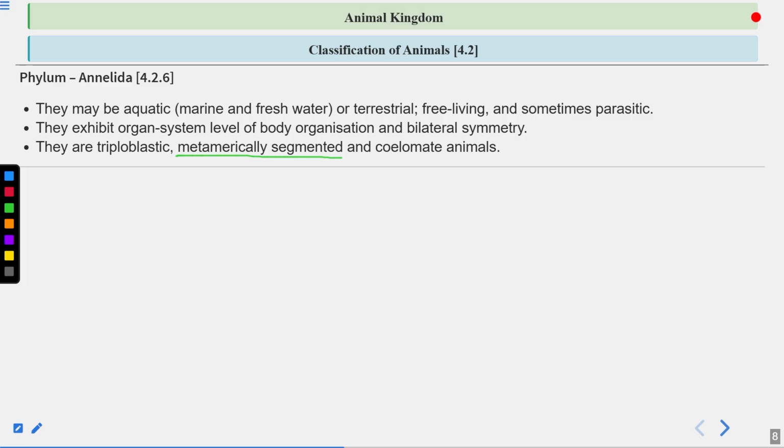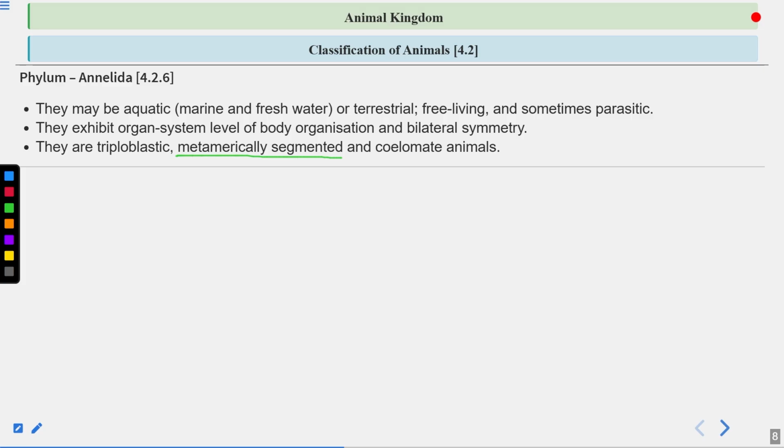Suppose there are 18 segments. Some organs are repeated in every segment, like nephridia, septal nephridia, and they have setae, the locomotory organ. And parapodia, very good, parapodia, that we see in the case of Nereis, not in the earthworm. We will see the diagram and then you will be able to understand that parapodia are repeated in every segment, right? So setae and parapodia are the locomotory organs. Very good.